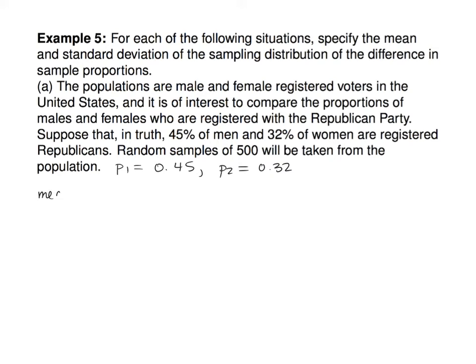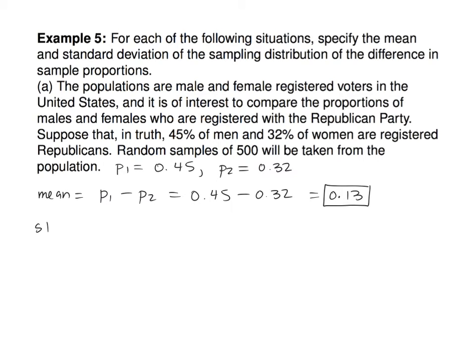So first of all, the mean is P1 minus P2, which is 0.45 minus 0.32, which comes out to be 0.13, meaning on average 13% more men are Republican than women.